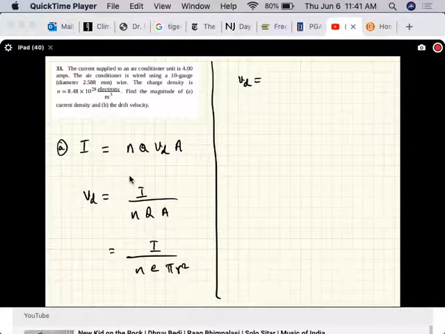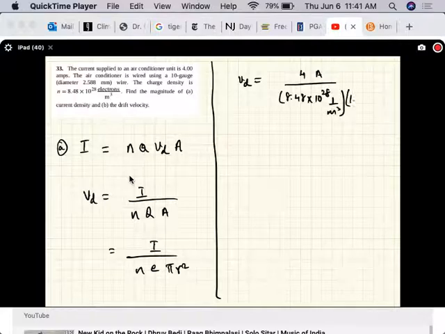So that's the average speed at which the electrons move. Okay, so let's put everything in. 4 amps. N is 8.48 into 10 to the power of 28 per meter cubed.